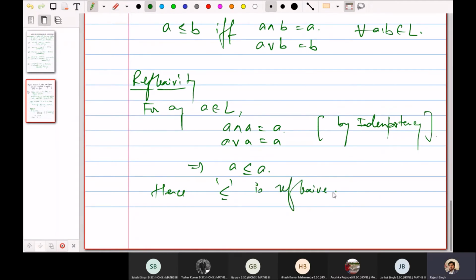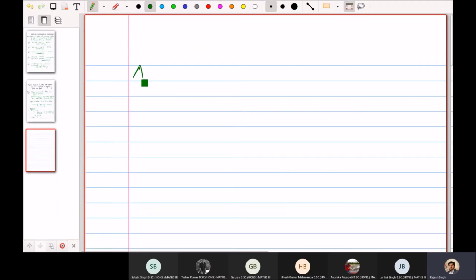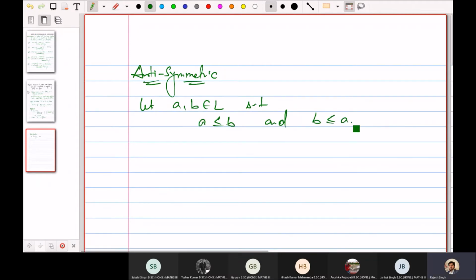this is reflexive. Now antisymmetric. So let A, B belonging to L such that A is related to B and B is related to A. We have to show that A is equal to B. Now what does A related to B imply as an algebra? A related to B का मतलब क्या है?